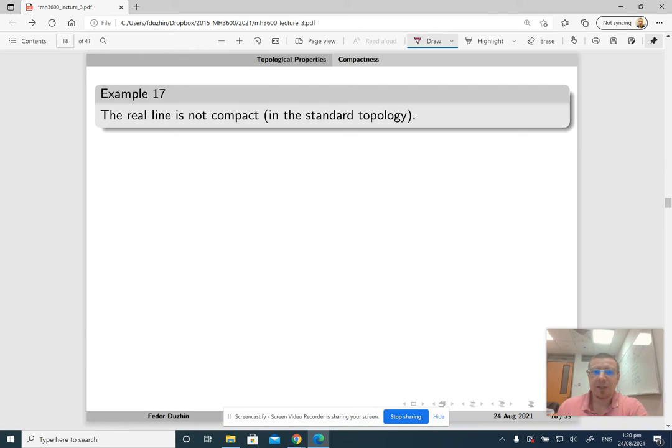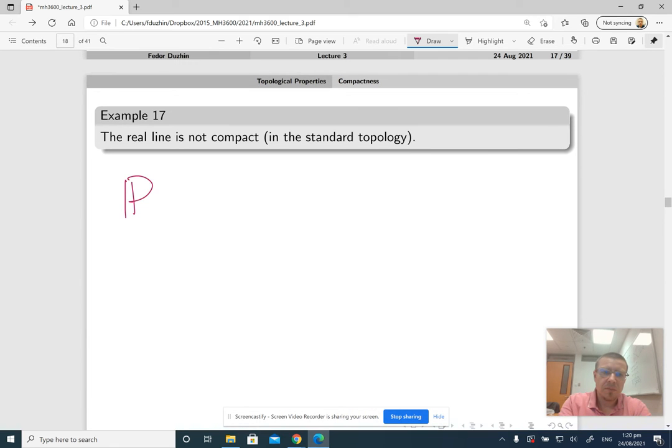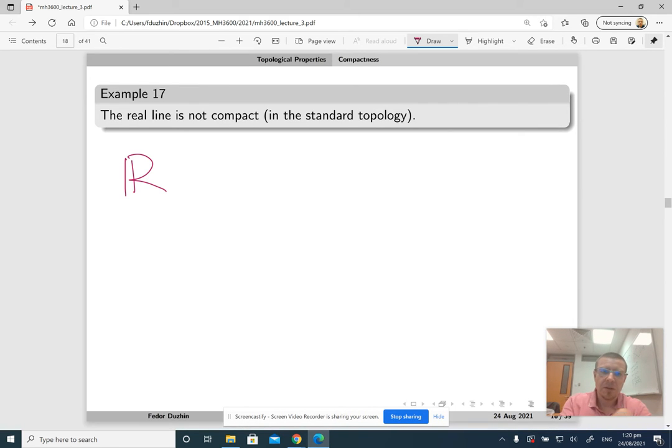The whole real line is not compact in the standard topology, because you can cover it by, say, all the intervals of the form n minus 1 to n plus 1, where n is any integer.